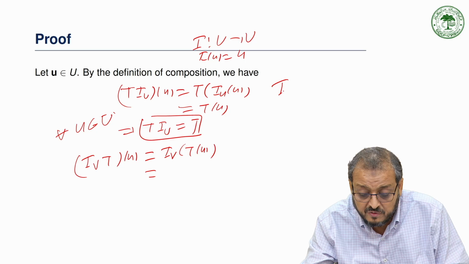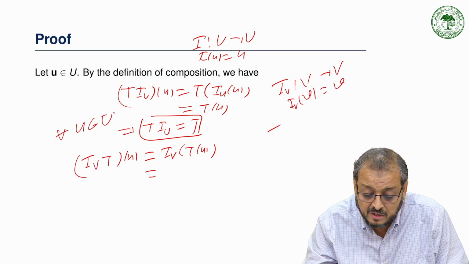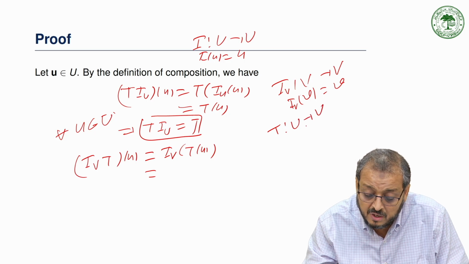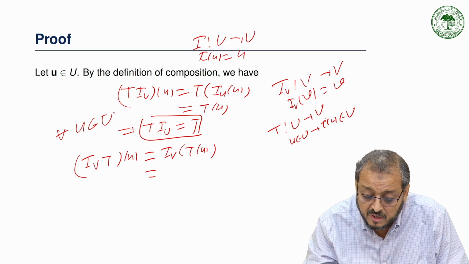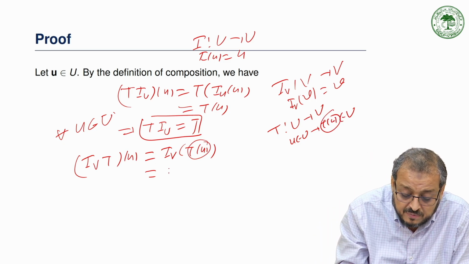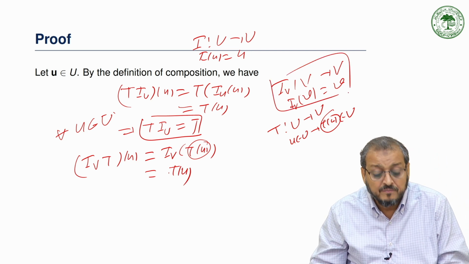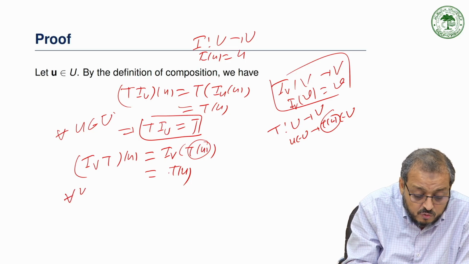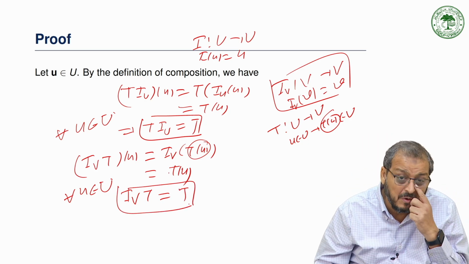Now the identity of V is a map from V to V, and for any v, identity of V of v is equal to v, and T is a map from U to V. If u is an element of U, then clearly T of u is an element of V. So this can be written as T of u by the definition of identity composition. And then this is again true for all u belonging to U. So we can say that identity of V composed with T is equal to T, and this completes the proof of these two identities.